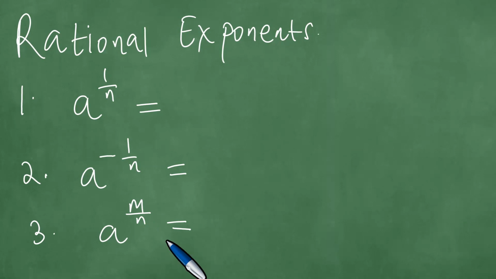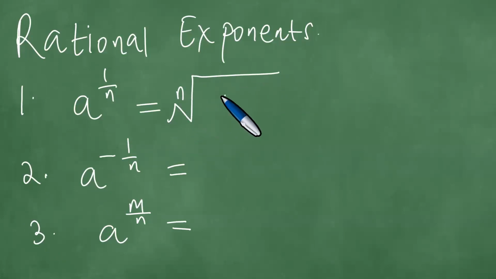Okay, let's look at the top one. If you have a to the power 1 over n, it is the same as the nth root of a. Because if there's no power here, it means that a is to the power 1, and then you just write a to the power 1 over n.